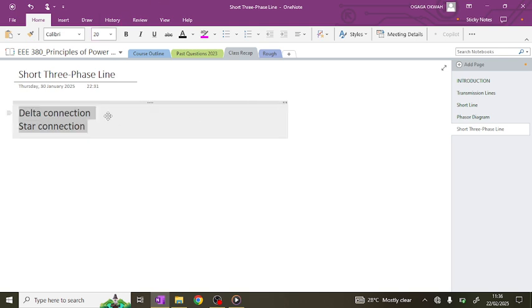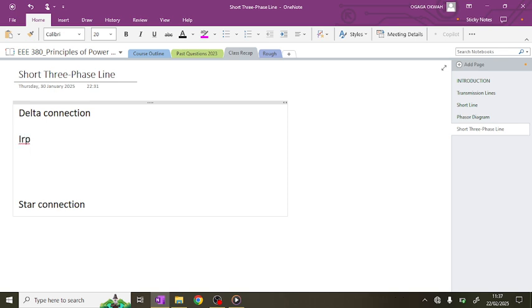Now, for delta connection, I want you to think of it as if you are thinking of a parallel connection, like a parallel network. I'm saying this because the formulas look like that. So, IRP. What do we mean by IRP? We mean the current in the receiving end per phase.